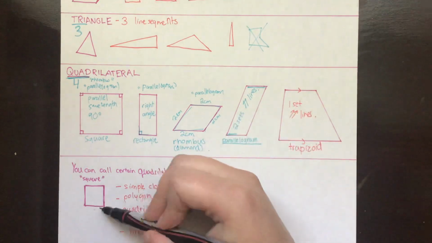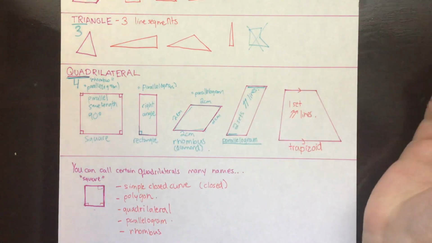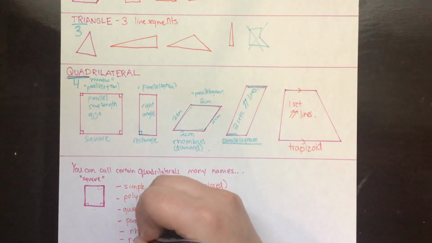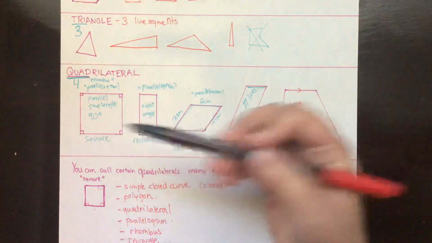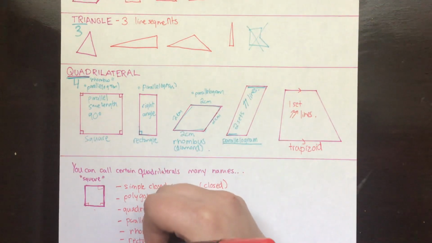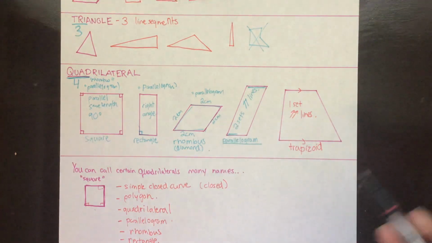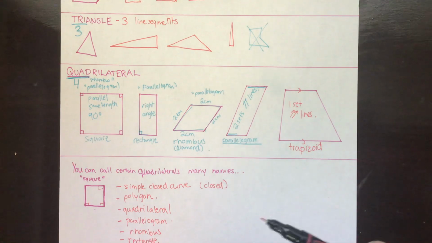We also know that its corners meet at 90-degree angles, and if they meet at 90-degree angles, it could also be called a rectangle. But because it has all 3 of those things, we can finally call it a square. So look at that. Look how many names a square can take on for itself. Let's try another one and see if we can get that one as well.